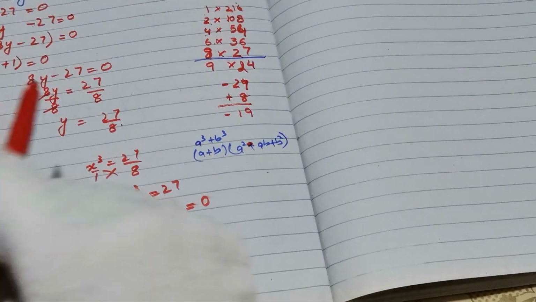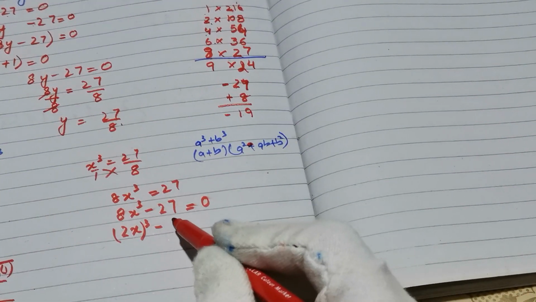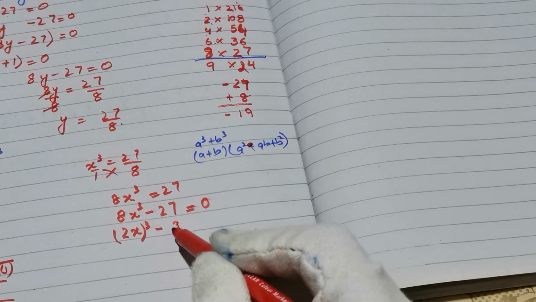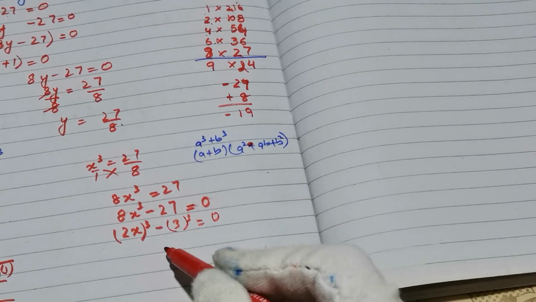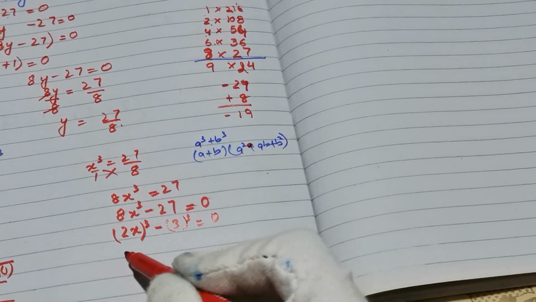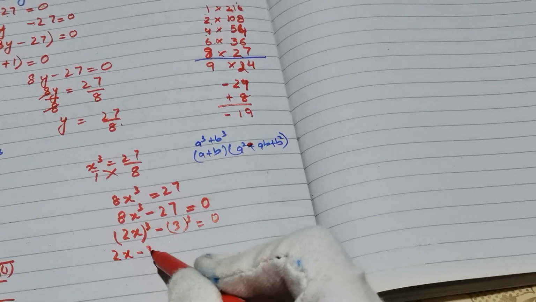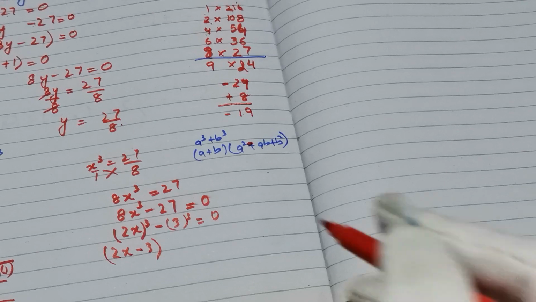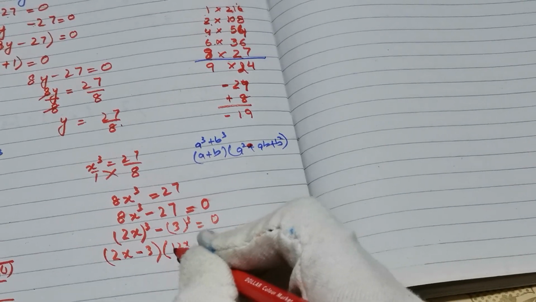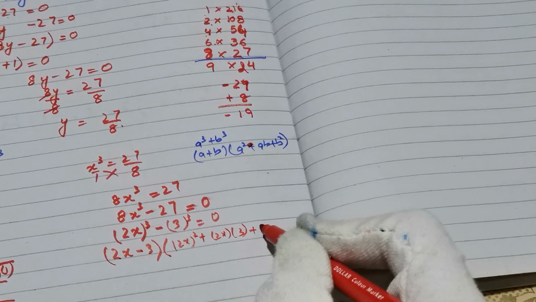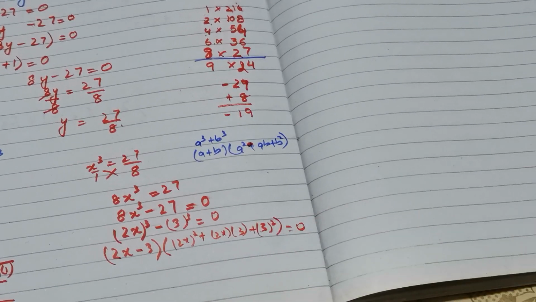Now a cube minus b cube, b is 3 cube, is equal to 0. Now a minus b into a square plus a into b plus b square equal to 0.